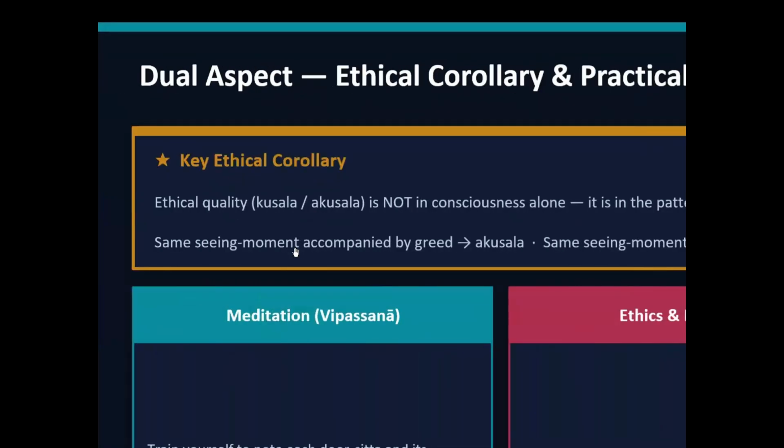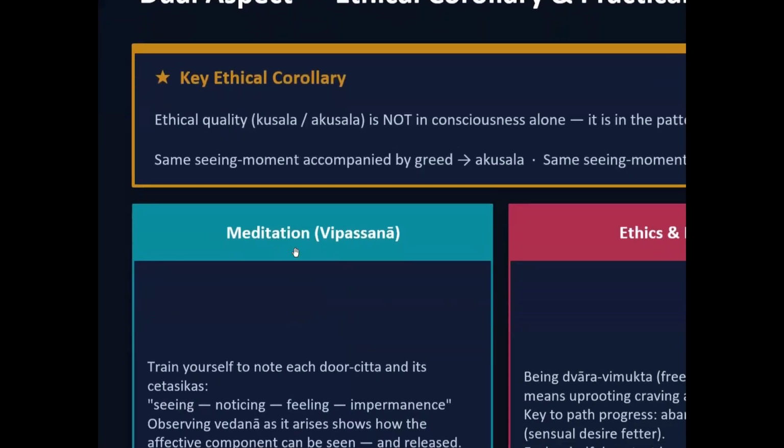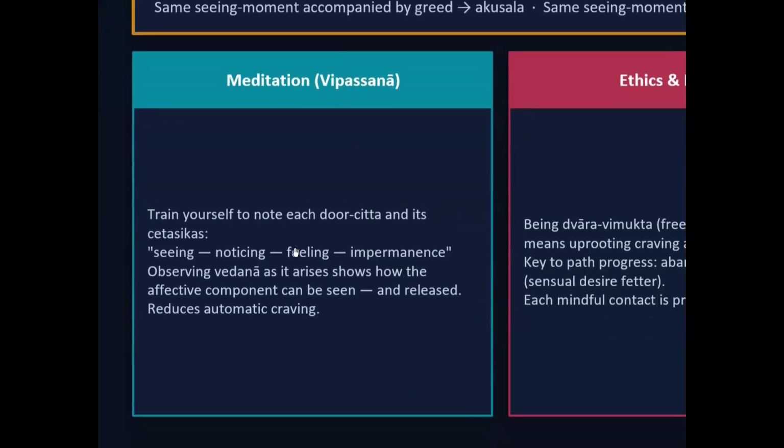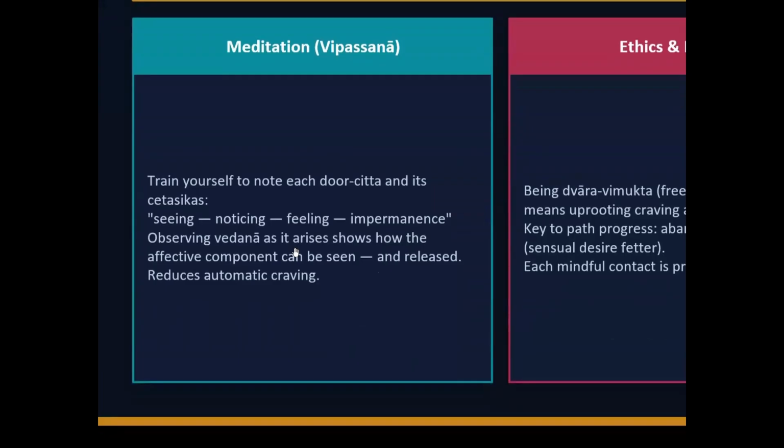The ethical part. So when you talk about meditation, especially vipassana, you train yourself to know each dvara citta and its Cetasika. You'll be seeing, noticing, feeling, and then you'll feel that this thing will never last, impermanent. How long? It depends on the individual.